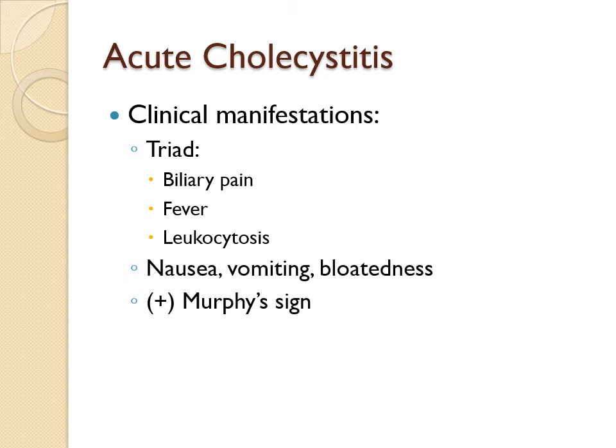Now, sometimes patient may also develop jaundice, but it's not common. The classic physical examination finding in acute cholecystitis is your Murphy's sign. So Murphy's sign, as you can recall, is when the patient would develop pain and there's a rest in inspiration when the examiner would palpate the right subcostal area.